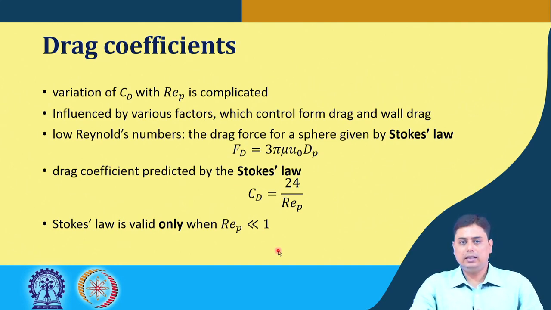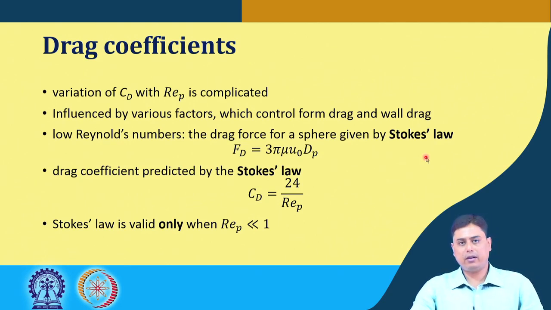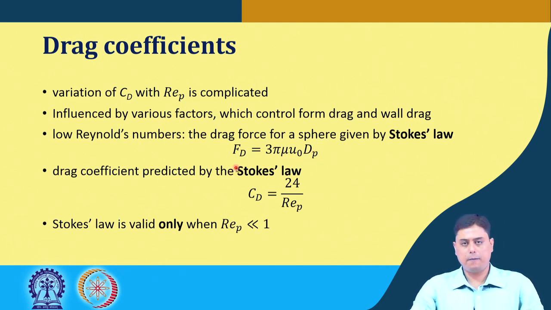There we have Stokes law to estimate the drag force for a sphere. All of you are expected to know what Stokes law is, but let me show you here again that Stokes law, which gives us the estimate of the drag force on a smooth sphere, is given by this value, where again dp is the diameter of that spherical particle.